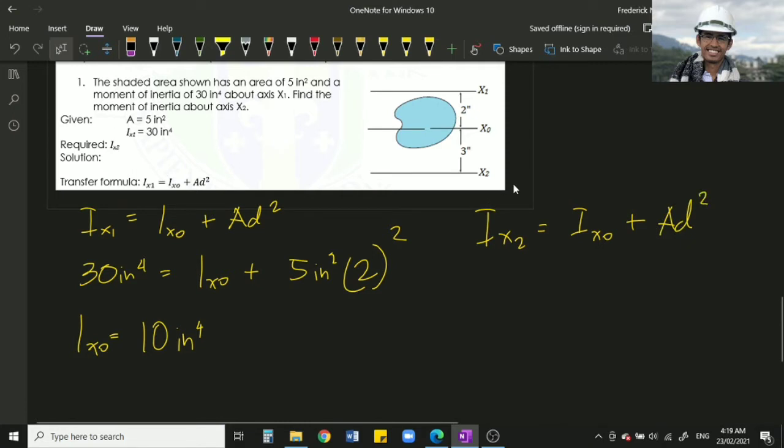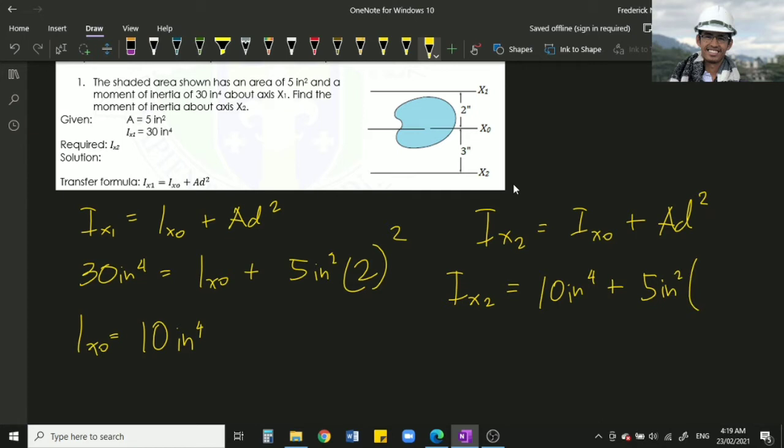So the moment of inertia with respect to x2 is equal to our Ixo, 10 inch raised to 4, plus our area 5 inch squared times the distance. For Ix2, we will use 3 inch, so that will be 3 squared.